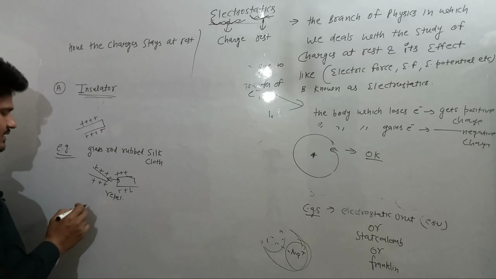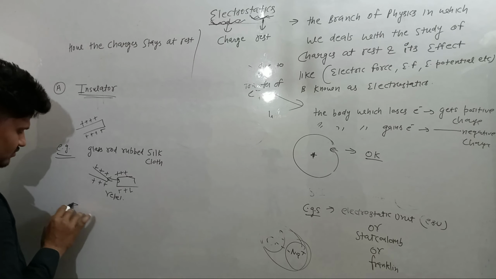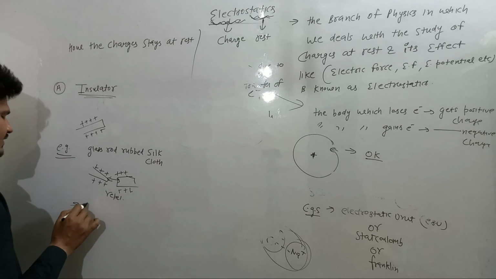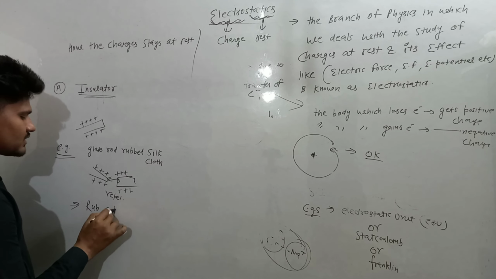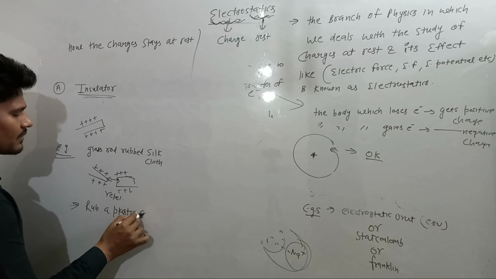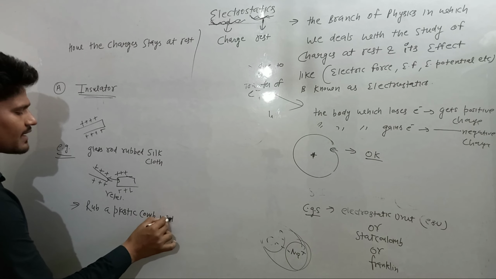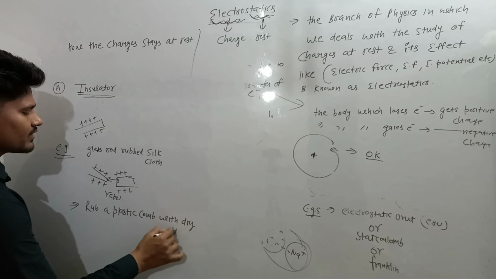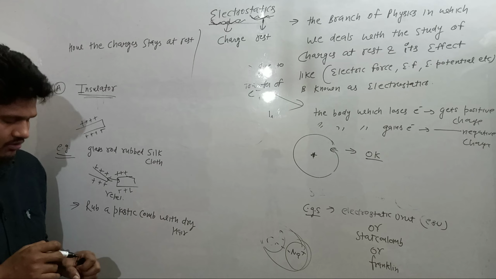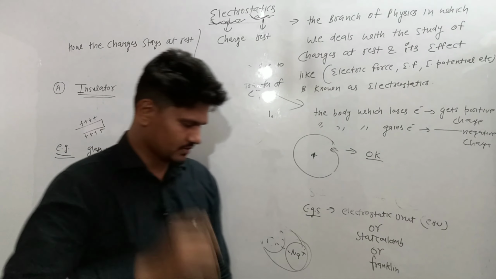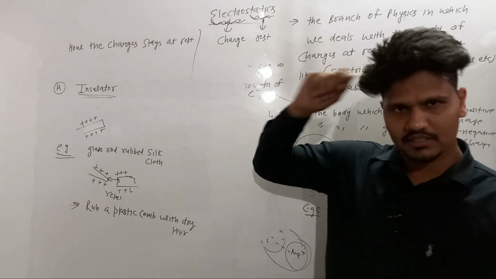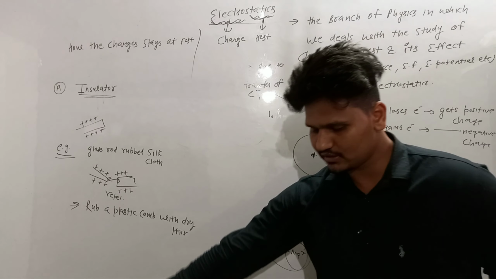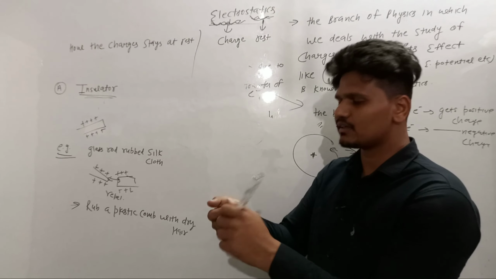All right. Another example you can try at home: rub a plastic comb with dry hair. Take the comb which you use at home, rub it in your hair, and bring it near some small pieces of paper.